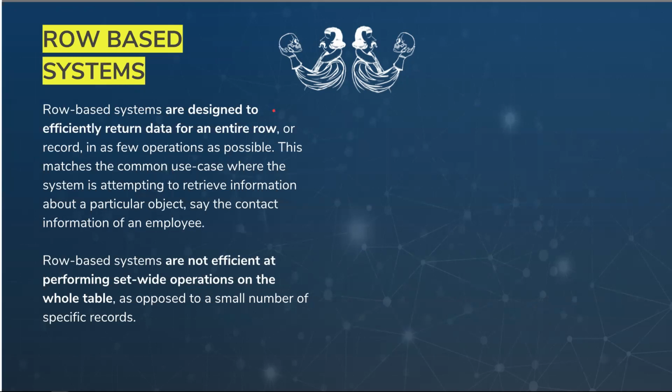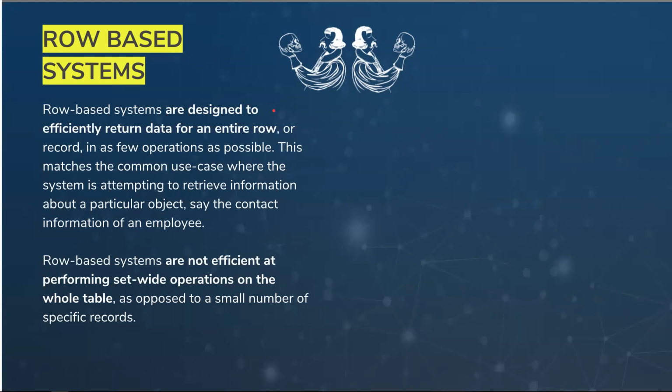Row-based systems, on the other hand, are not efficient at performing set-wide operations on the whole table. Let's see an example of that scenario. Imagine that we need to find all records in the employee table with salaries between $4,000 and $5,000. For that operation, the DBMS would have to fully scan through the entire table looking for matching records.